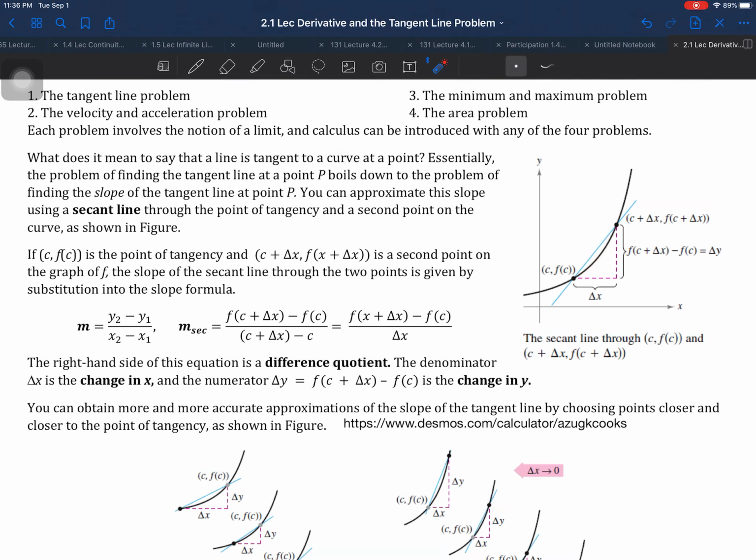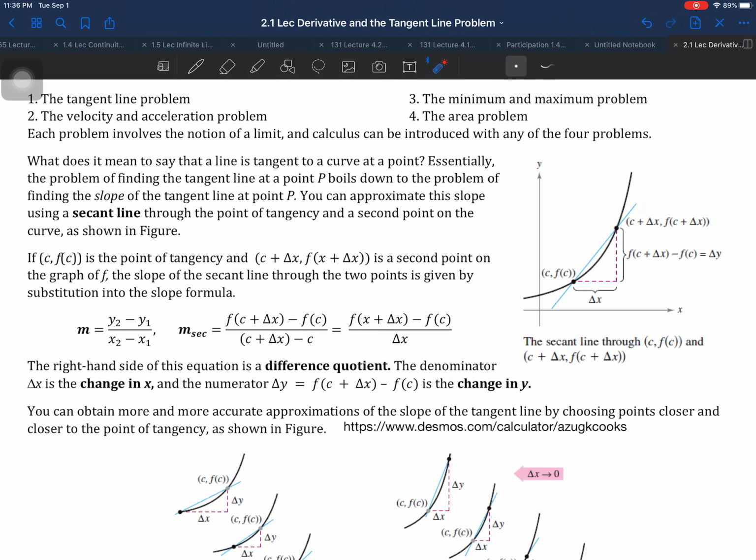So now this straight line, we know how to find the slope because we did that in pre-algebra. We knew how to find the slope of a straight line by how much it was rising and how much it was running. Now if you think about it, how much it is rising happens to be the difference between the two y components, right? So you can see that's described with the difference of y.